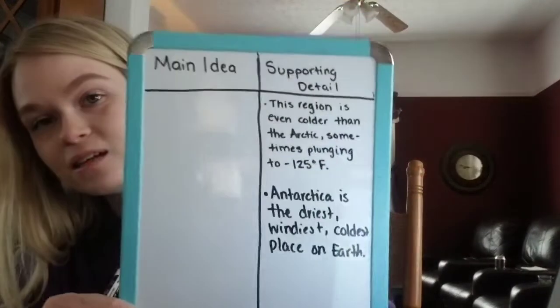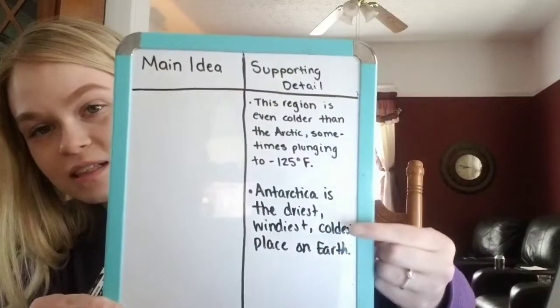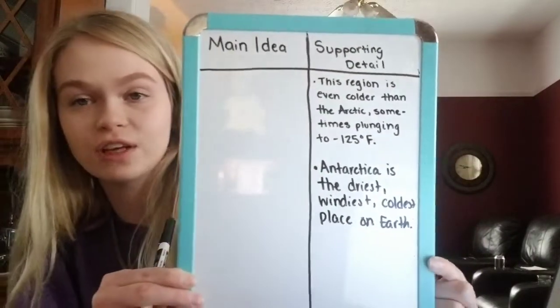Let's write that down together. So now your T-chart should look like this, with two supporting details or two facts that the author gives you.